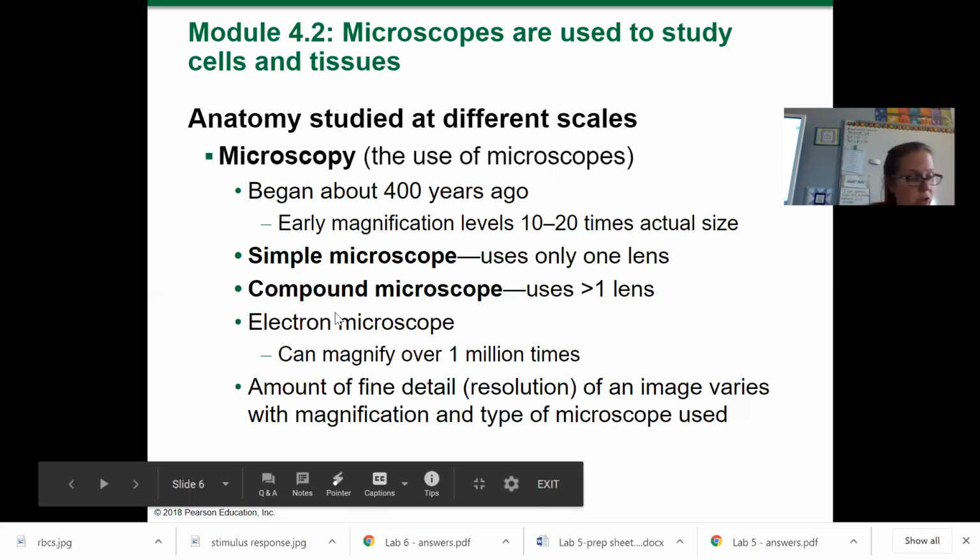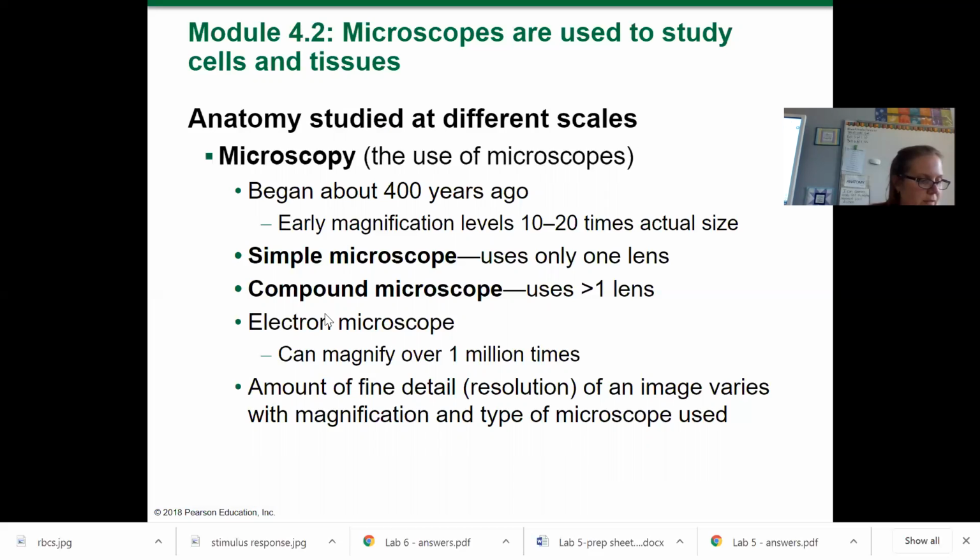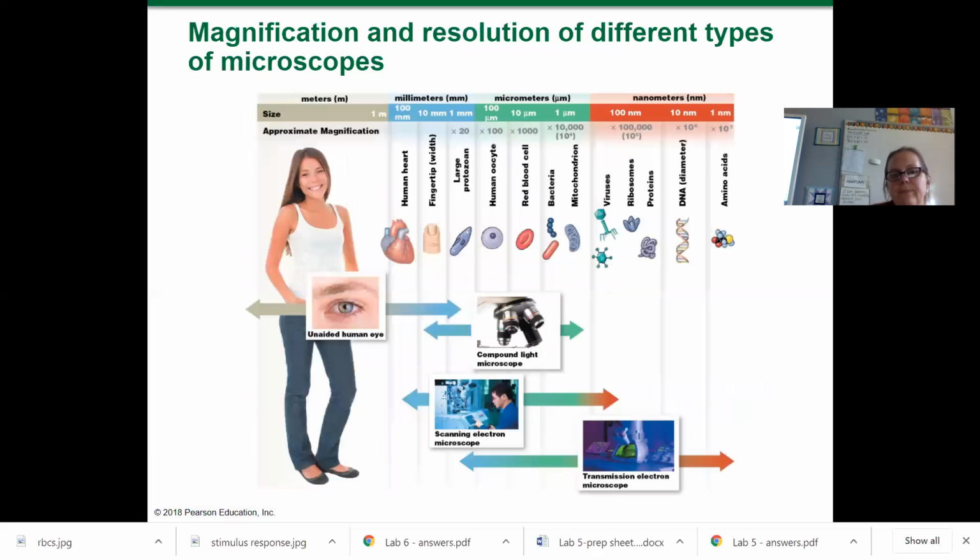Let's look at some of those electron microscopes, because you might see some of these little abbreviations throughout this chapter. This shows you some of the relative sizes. The human heart is 100 millimeters versus a red blood cell, which is 10 micrometers. And then you get down to very small atoms and molecules, which are in the nanometers.